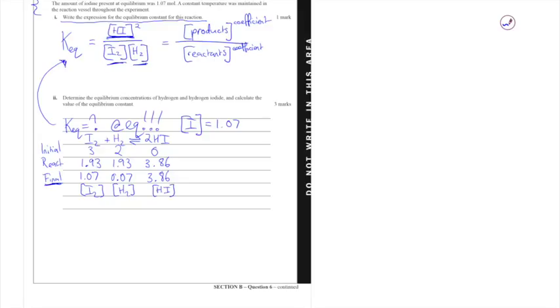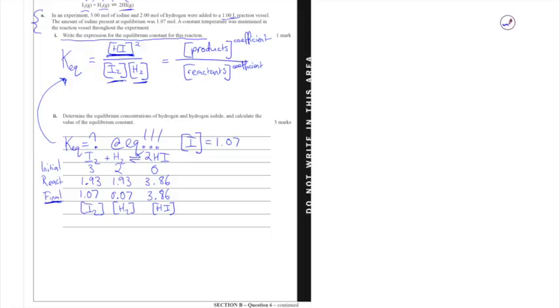I now have all of these concentrations, the concentration of iodine, concentration of H2, and the concentration of HI. And the reason why I actually have the concentrations here and not just the actual molar values is because I'm dealing with a 1 litre reaction vessel. Because of C equals n over V, where n is our moles, V is our volume, that actually means in this case that it is equal to n, as V equals 1 litre.